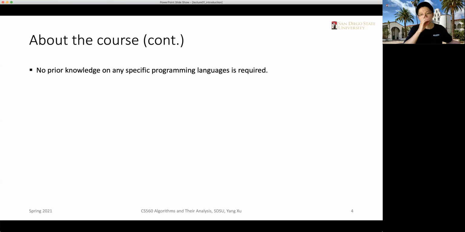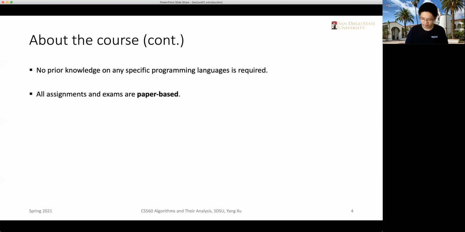All right. So let's go back. We have mentioned this: we don't have any requirements on specific programming languages. All the assignments and exams are paper-based. But that doesn't mean the paper-based questions can't be of various types.